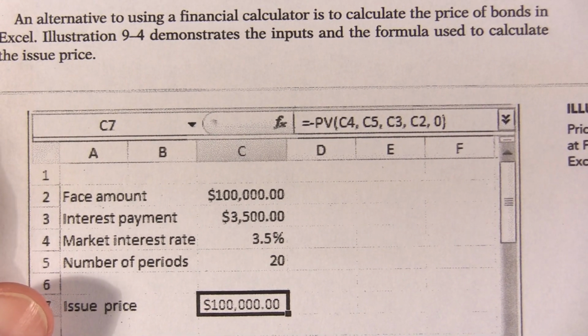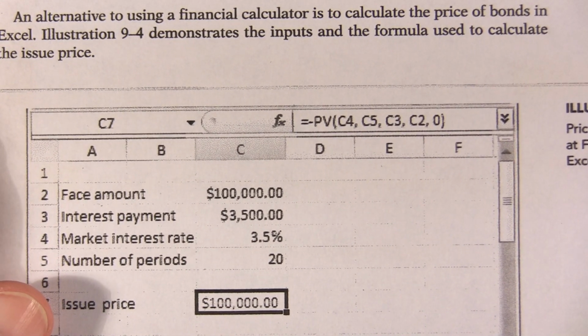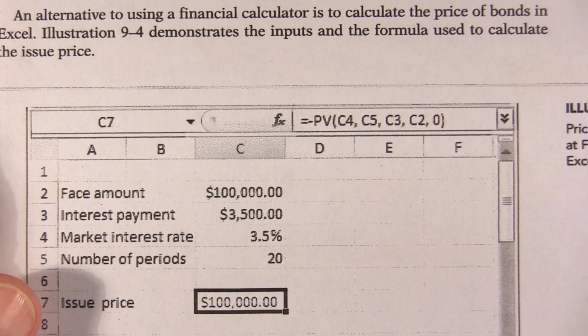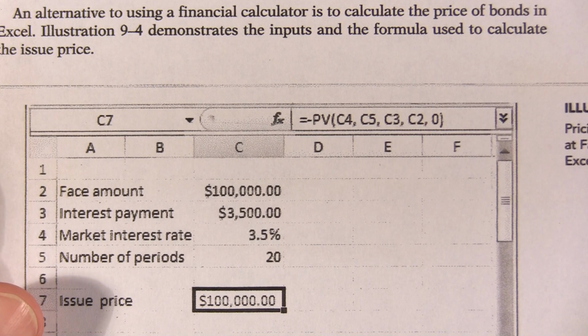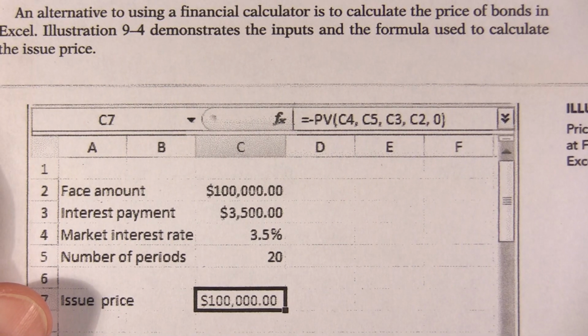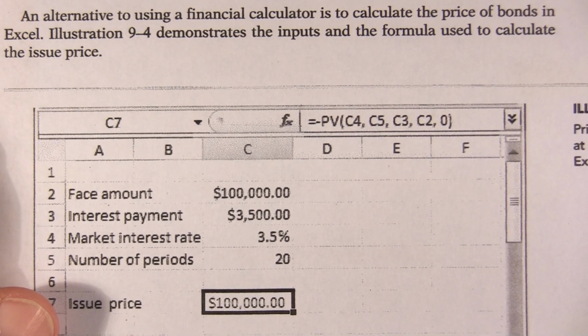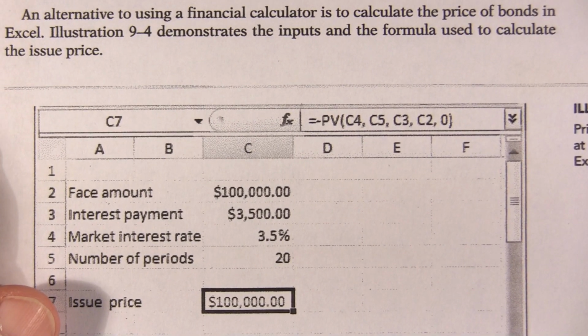The 0 or the 1 indicates whether the interest payment comes at the beginning of the year or the end of the year. About 99.5% of the time it will be a 0. It would be very odd to have a bond valuation problem where the interest payment was at the beginning of the year. So we need to put in the information, and we need to put it in that order.